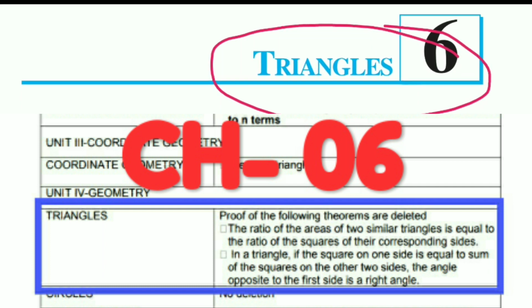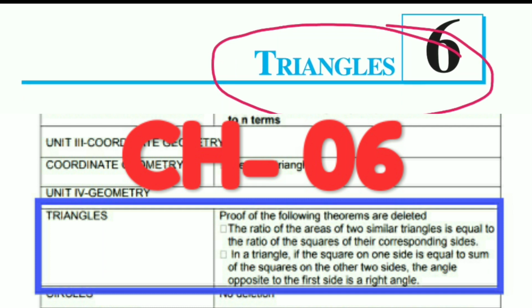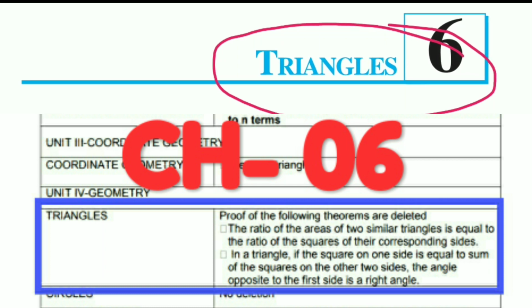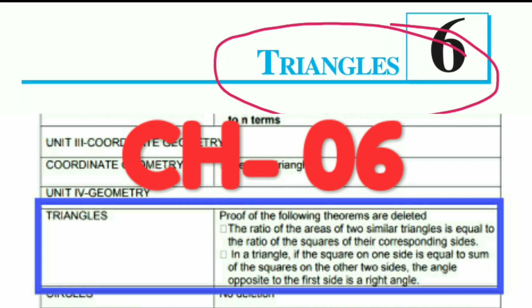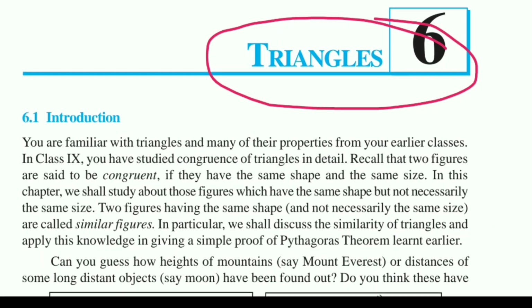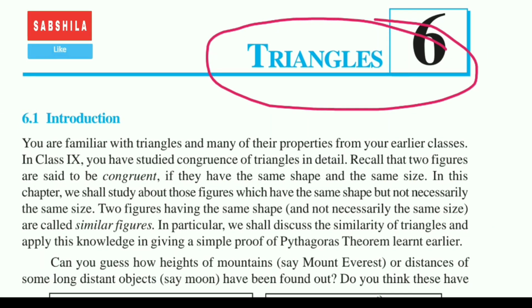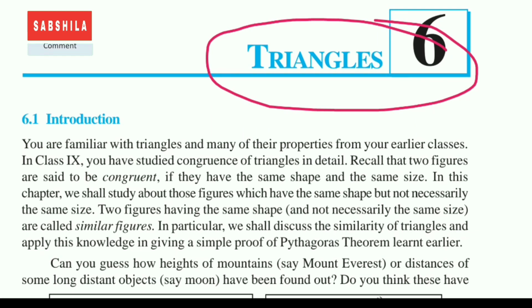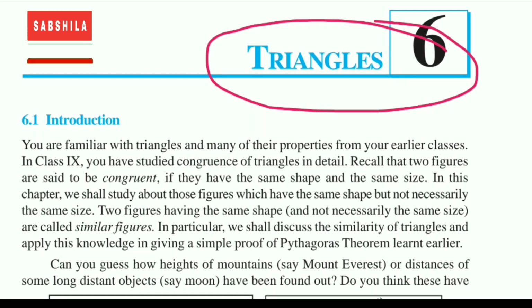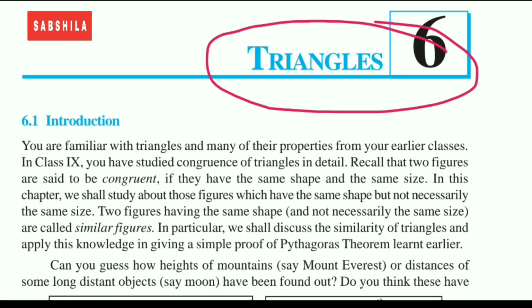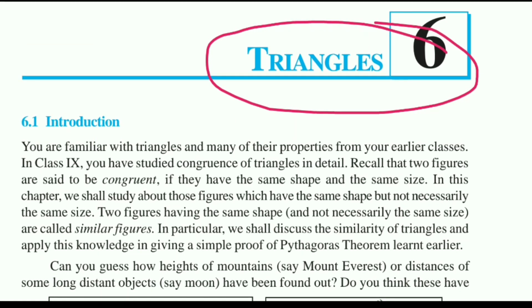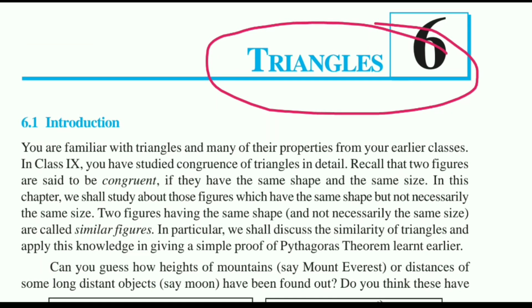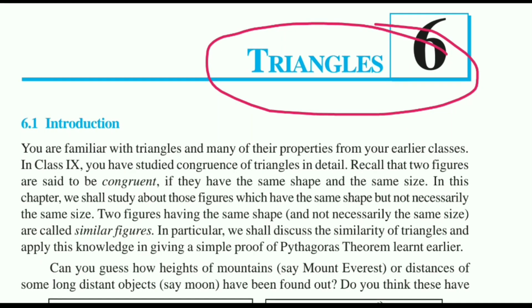Then, in a triangle, if the square on one side is equal to the sum of the squares on the other two sides, the angle opposite to the first side is a right angle. Theorem 6.6 and theorem 6.9 are these same theorems given in the topic, and the theorem-related questions from exercise 6.5 are also removed.